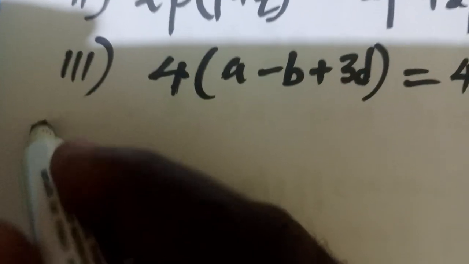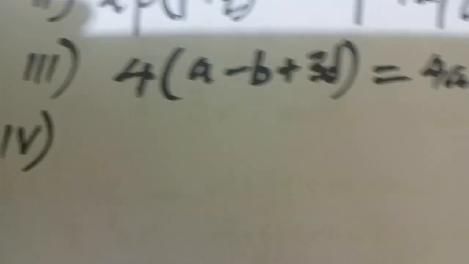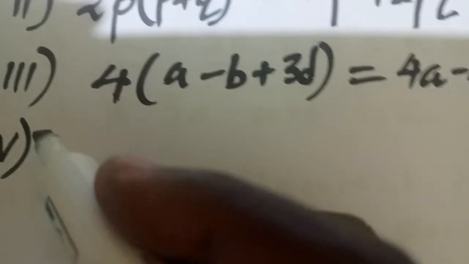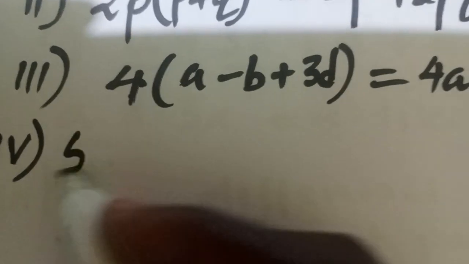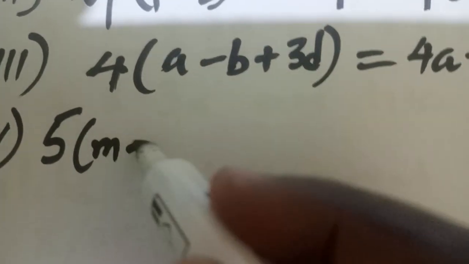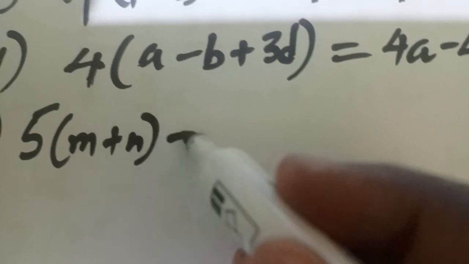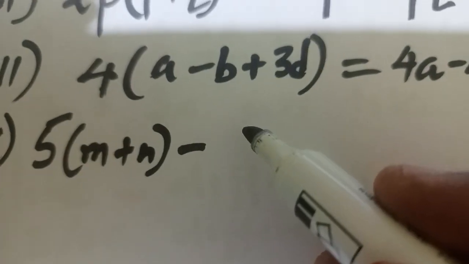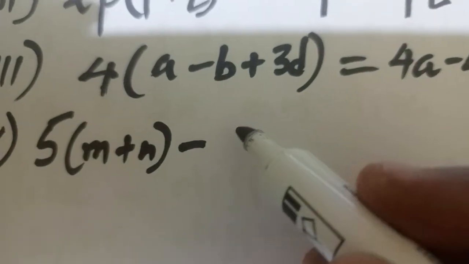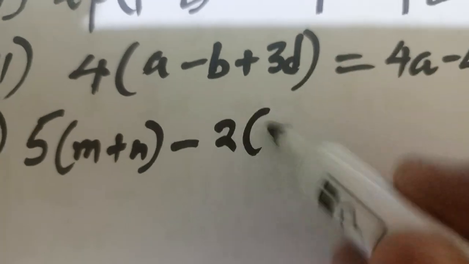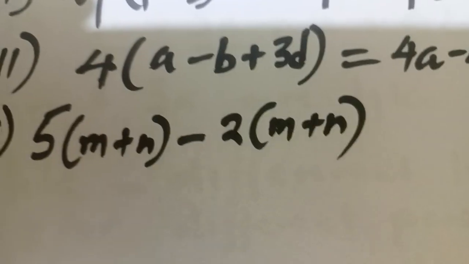Let's consider a 4th example. We have 5 into m plus n, then minus 2 into m plus n.